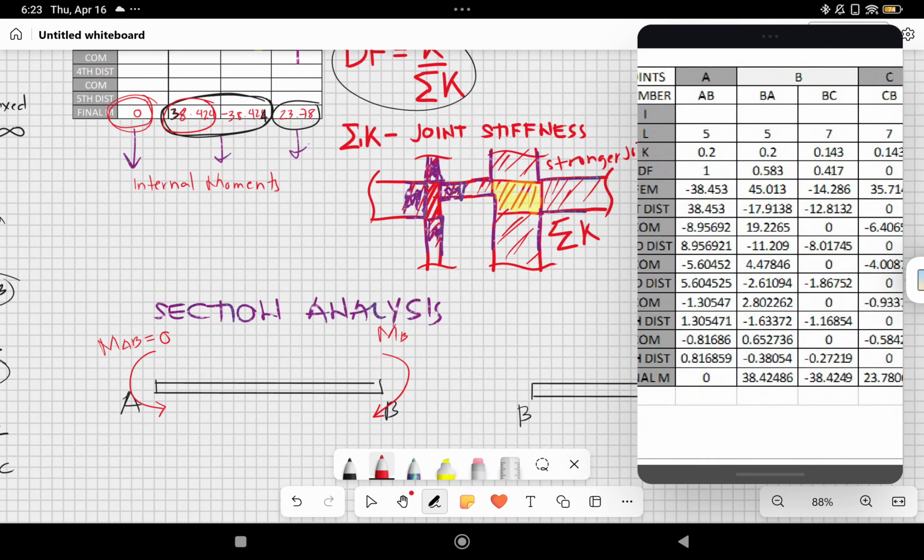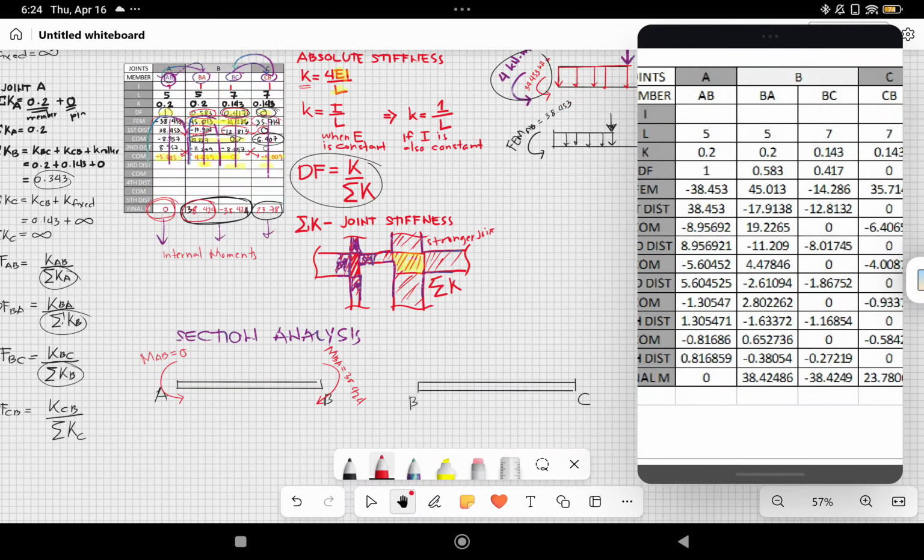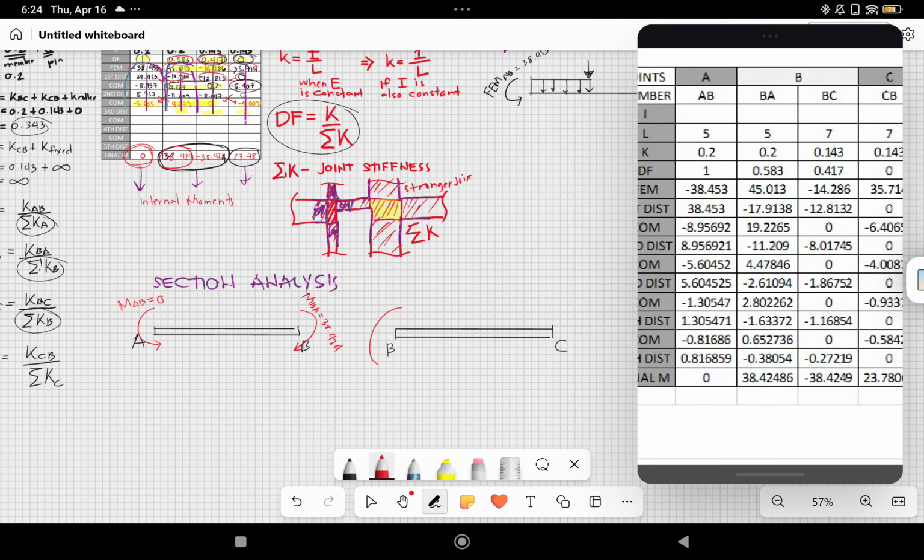So MBA is 38.424, and then MBC, that is equals to negative 38.424, kaya dinawin ko siyang counterclockwise.